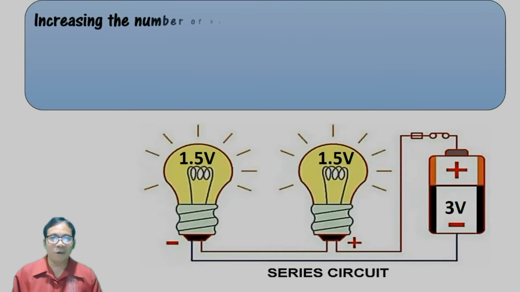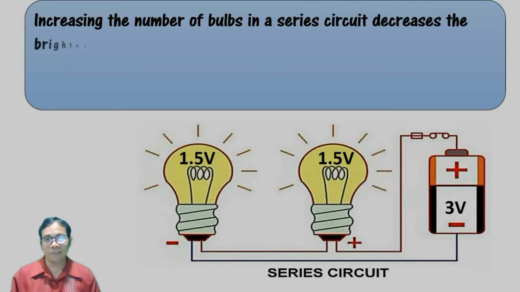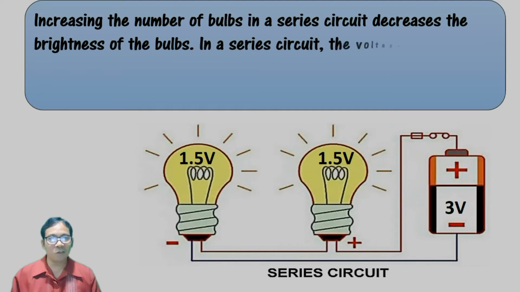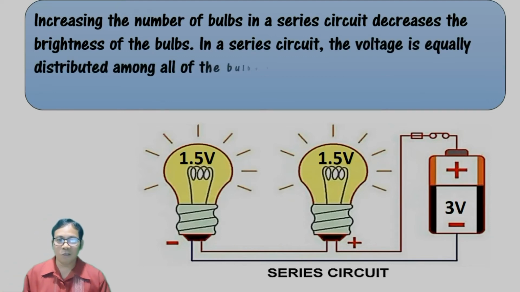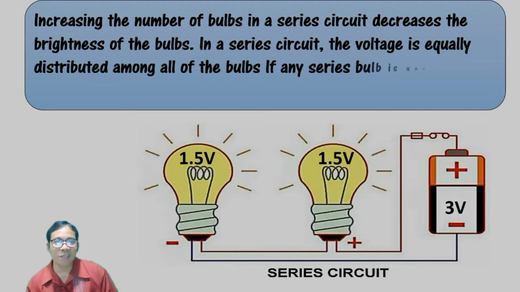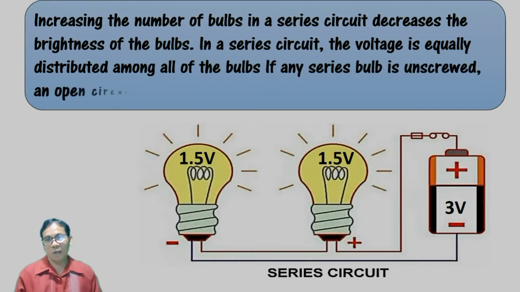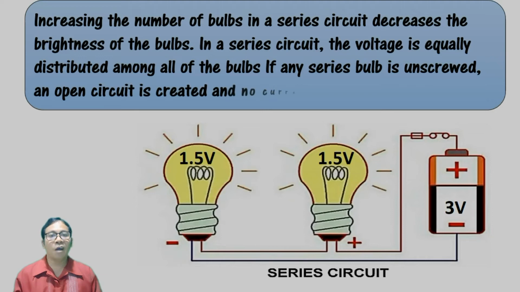Increasing the number of bulbs in a series circuit decreases the brightness of the bulbs. In a series circuit, the voltage is equally distributed among all of the bulbs. If any series bulb is unscrewed, an open circuit is created and no current exists.